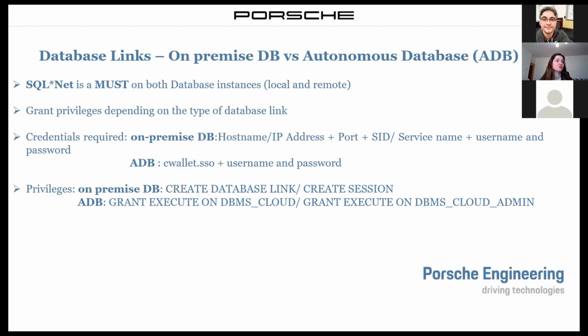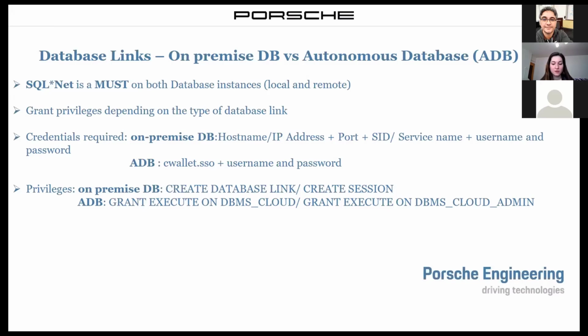More news around autonomous database and how to create database links is that we need to use two new PL/SQL APIs, like packages. Those are DBMS_CLOUD and DBMS_CLOUD_ADMIN. DBMS_CLOUD is an API that helps us create credentials for our users in order to have access to object storage.